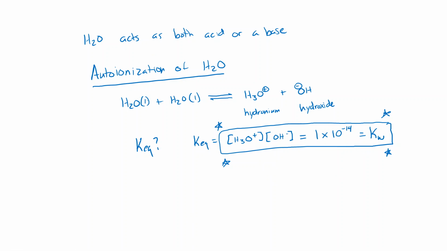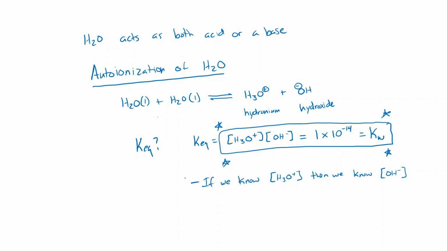One thing is that if we know the concentration of H3O plus, then we know the concentration of OH minus. Because those two are related, because this fact is always true. So if we know one of these numbers, we can figure out the other.